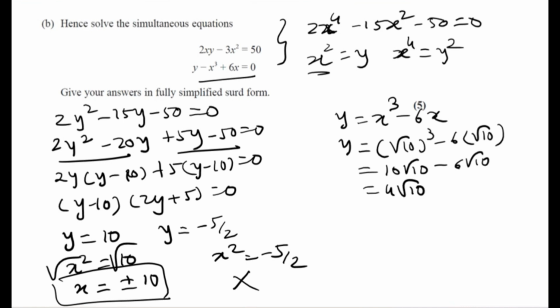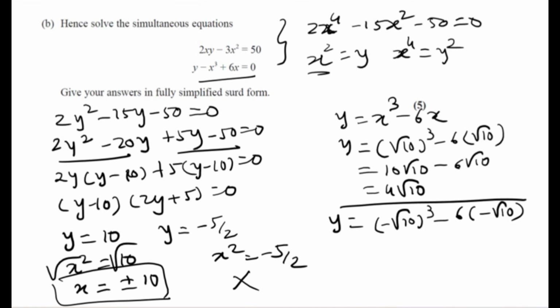This is one value. Now I am using minus root 10. So y is equal to minus root 10 cubed minus 6 into minus root 10. So this will give me minus 10 root 10 plus 6 root 10. So that will give me minus 4 root 10.